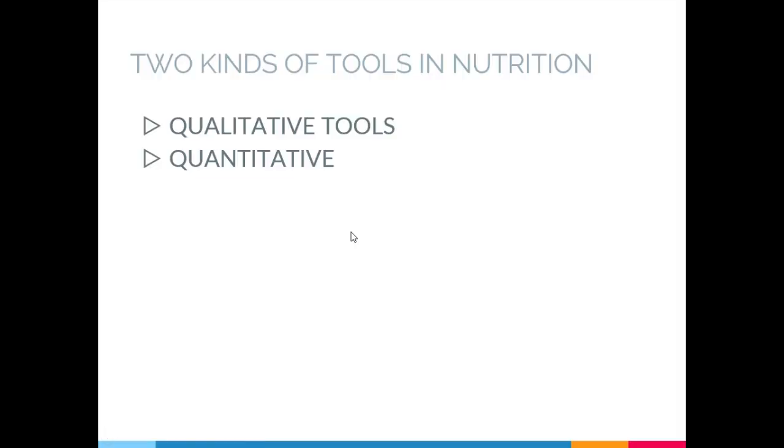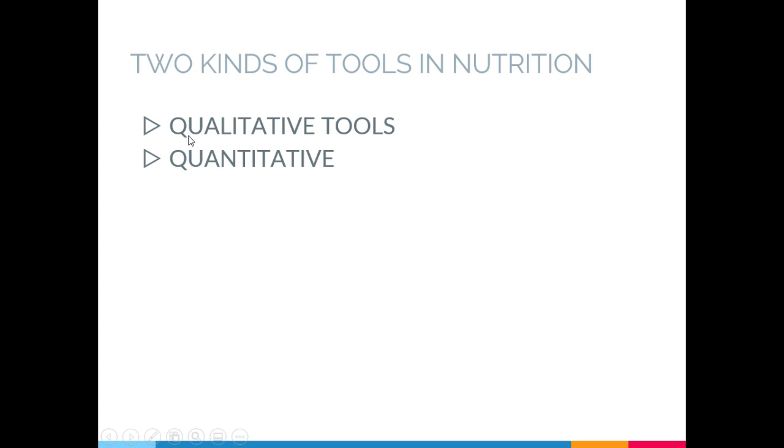So these tools can be categorized into two according to their nature. They can be either qualitative or quantitative. When you say qualitative tools, they do not heavily include numbers.